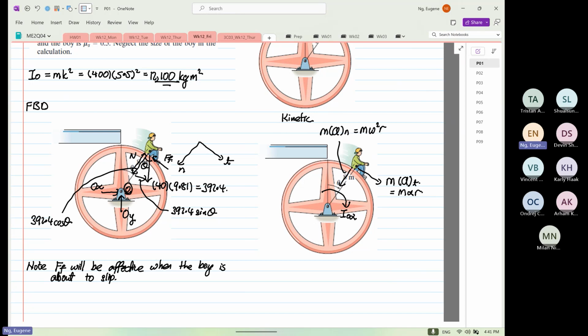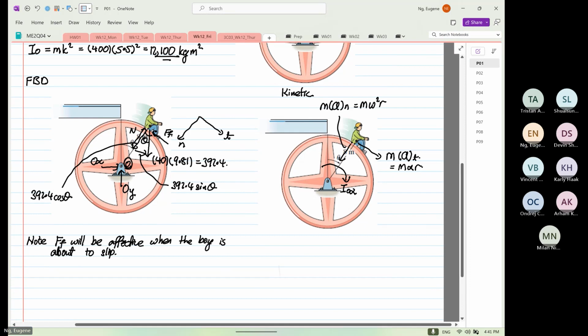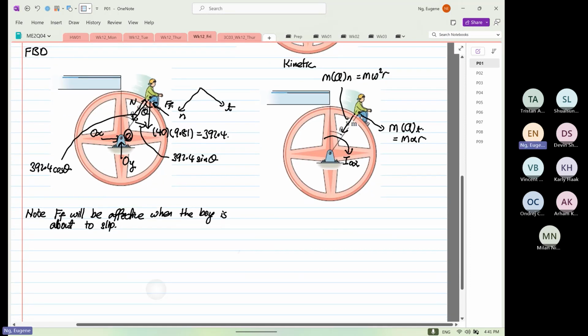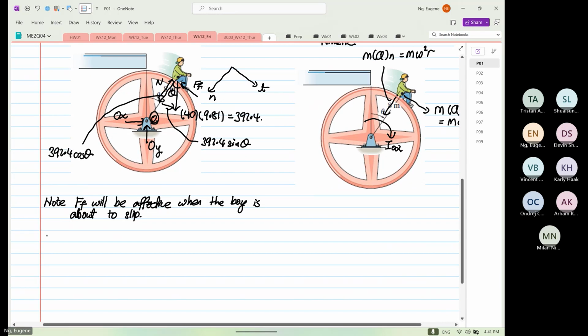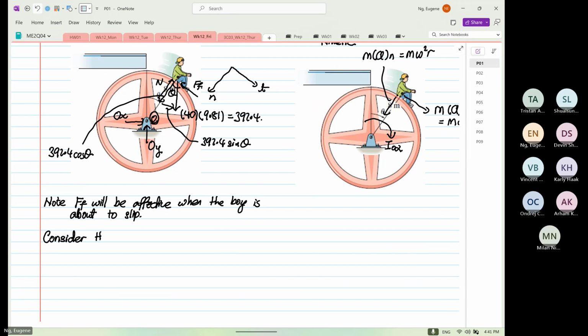So the first thing we are going to consider is the case where theta is equal to 0 and before the boy starts to slip.